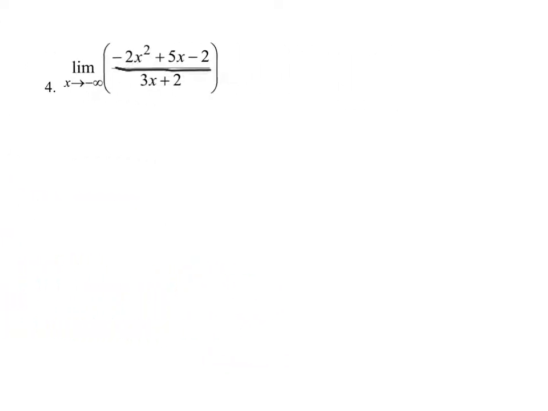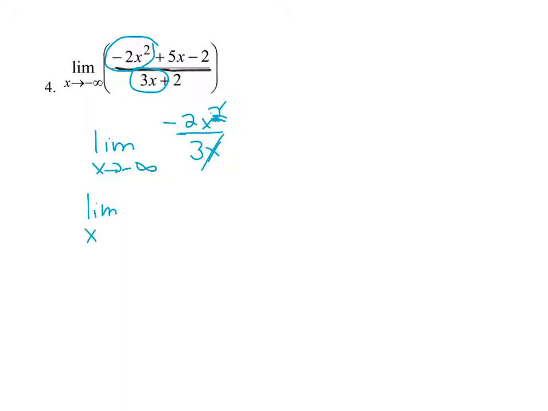Let's look at number 4 and use a similar technique. The highest power here is negative 2x squared and 3x, basically the same problem, but you can notice this one goes to negative infinity. So if I rewrite this one as the quotient of its leading terms, it's going to be negative 2x squared over 3x, where we can cancel one of the x's.